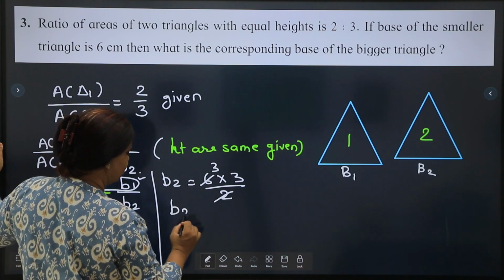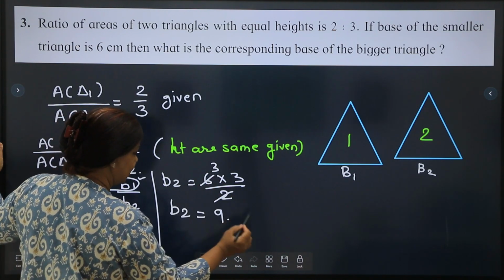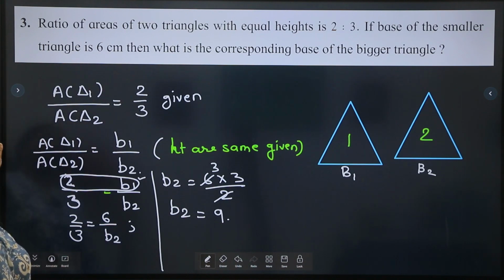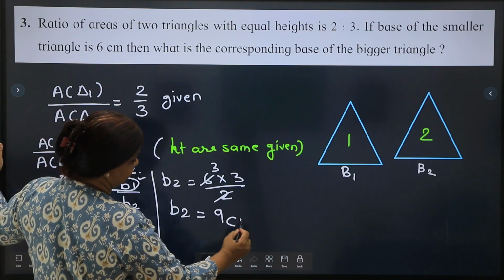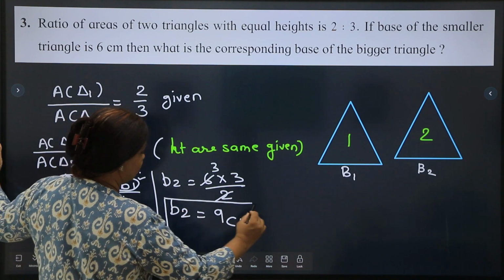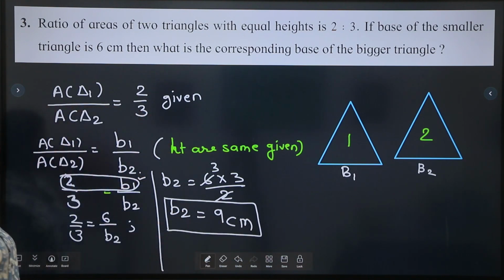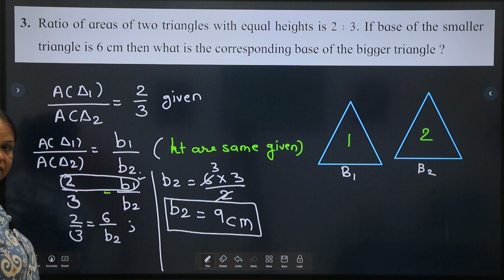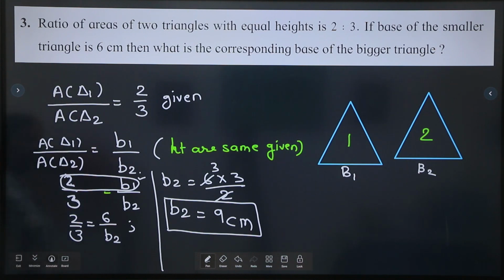So base of the bigger triangle is going to be 9 centimeter. Yes, centimeter. This is what they were asking you to find out. So you can pause the video, children, and you can solve the sum. Let's go for the next question, children.